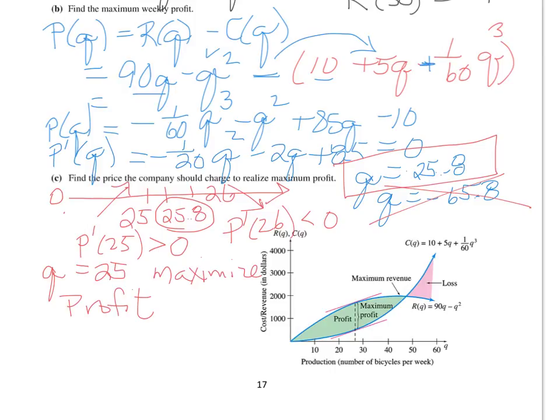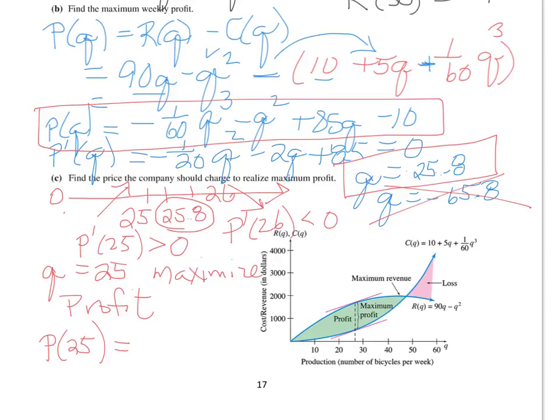And then plugging that into your profit equation, which is P of Q here, what you'll find is that P of 25 is equal to $1,231.07, which is your maximum profit that occurs when you make and sell 25 bicycles.